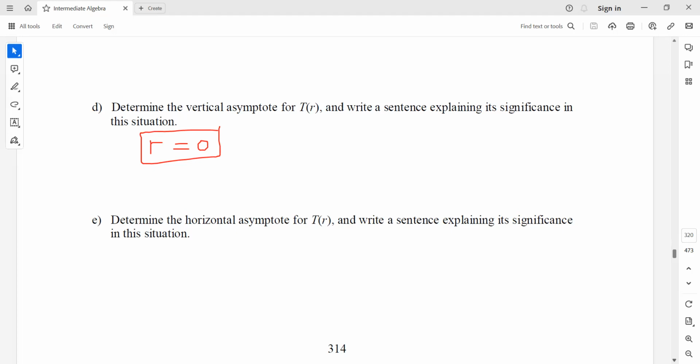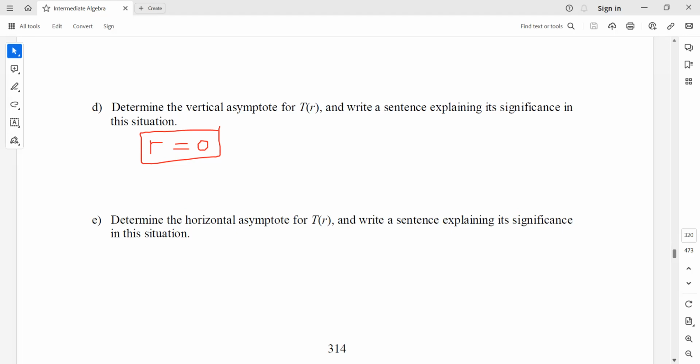The graph approaches that line, R equals 0, but it's never going to touch it because you're traveling. You're not stopping, which means you are not traveling anymore. So as the rate gets closer to zero, the time increases. If the rate actually equals zero, you will never get to your destination.